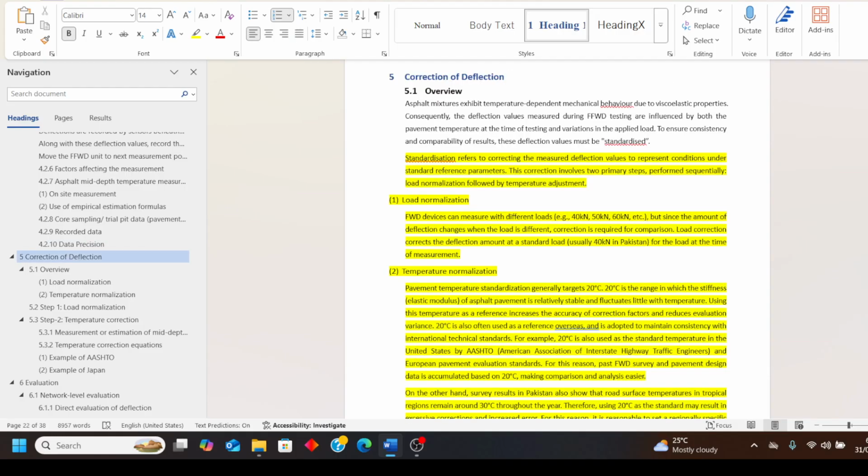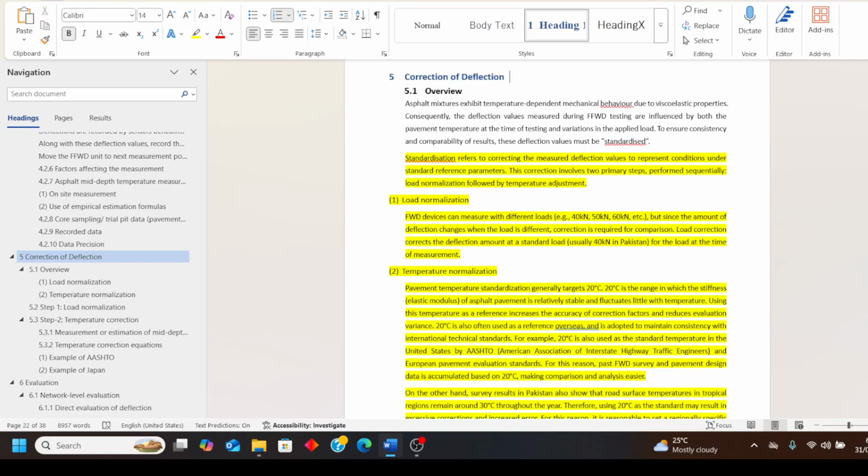This is the fifth chapter of this manual, which is the correction of deflection. First, why is the correction necessary? Deflection is measured in the field and depends on the load applied, which may vary slightly due to pavement stiffness or slope. Then there is the pavement temperature: asphalt is more flexible at higher temperature and stiffer at lower temperature.